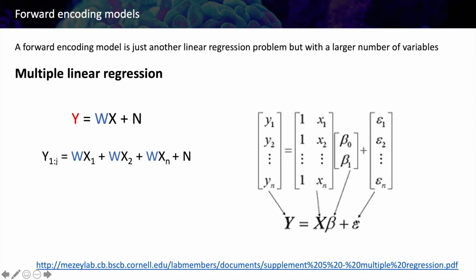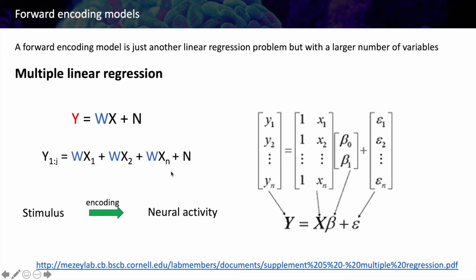It's also called the error term. So many times what we want to find out is what is the weight of each one of these regressors. If one regressor has weight 0, that means that this regressor is not explaining anything of our data. And if one regressor has a positive value and different from 0, that means that it is positively related with modulations in the activity in the y term.